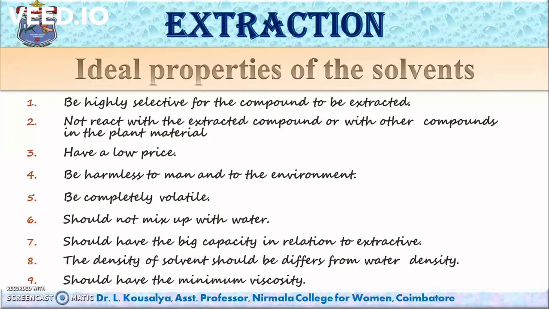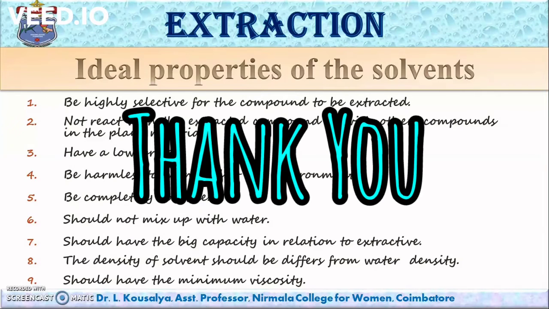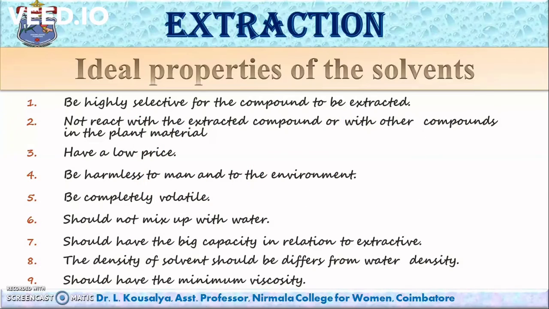The solvent should have a high capacity in relation to the extractive. The density of the solvent should differ from the water density. Solvent should have a minimum viscosity. If it has a maximum viscosity, we cannot separate the solvent from the extract. So these are some of the points which you have to remember before choosing a solvent.